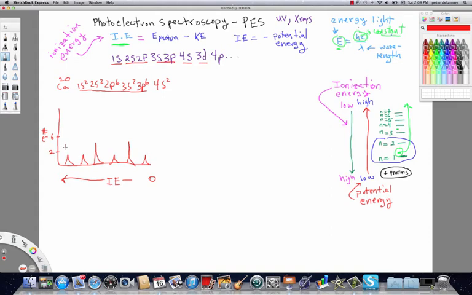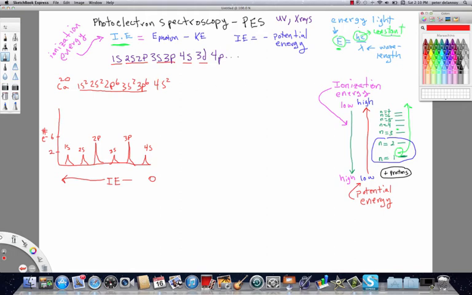So this peak is associated with the 1s, this one with the 2s, this one the 2p, this the 3s, the 3p, and then finally the 4s. And the 4s electrons are definitely lower in energy than if we were to try to place them into the 3d shell. So up to calcium, the electron configuration essentially follows the rules.